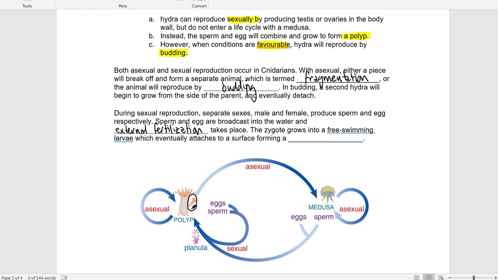Sperm is deposited inside the female. Here, it's external because both sperm and egg are broadcast into the water, and they fertilize outside of either specimen. The zygote grows into a free-swimming larva, which eventually attaches to a surface, forming a polyp, like the picture shows below.